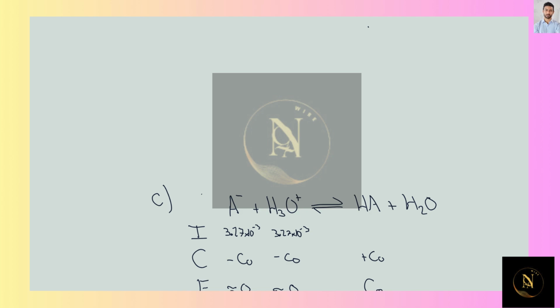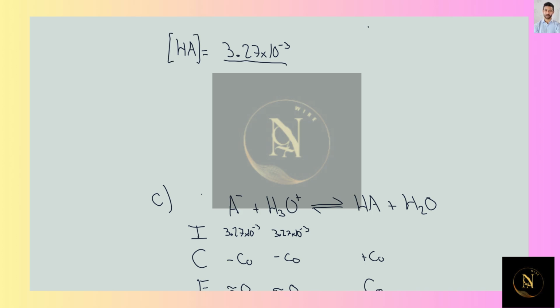So the concentration of HA is going to be the amount of moles of HA that we have, which is 3.27 times 10 to the minus 3, divided by the final volume that we have.